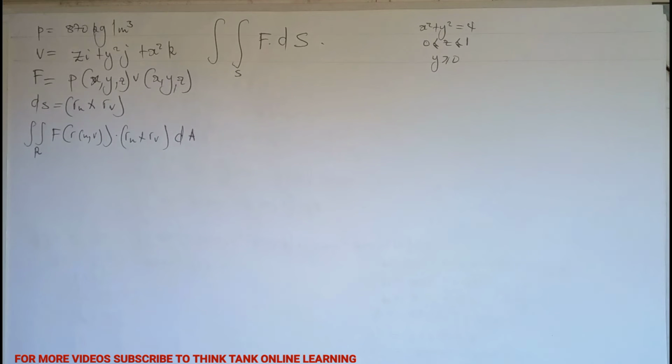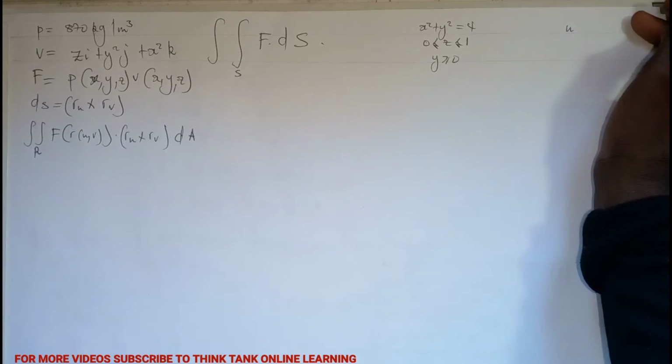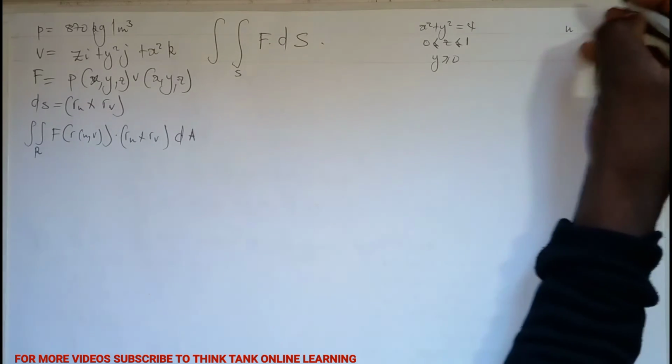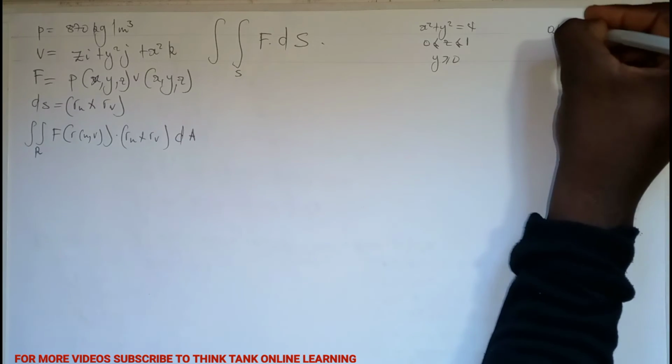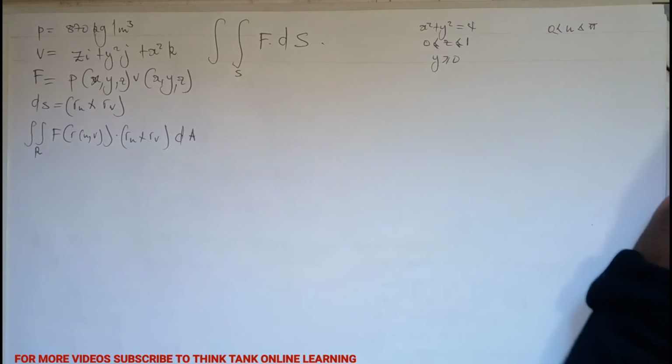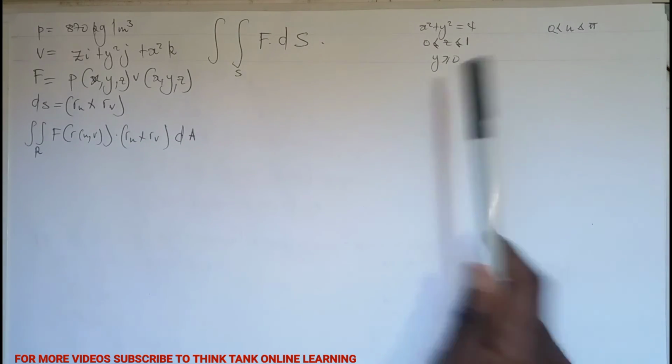Okay, and my parametric variables are going to be u, which is going to be representing the angle. So the angle here is from 0 to pi. I think from the first method I've shown you why, because this is the upper half of a circle.